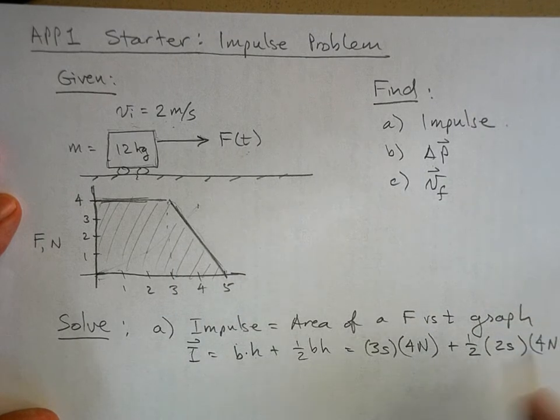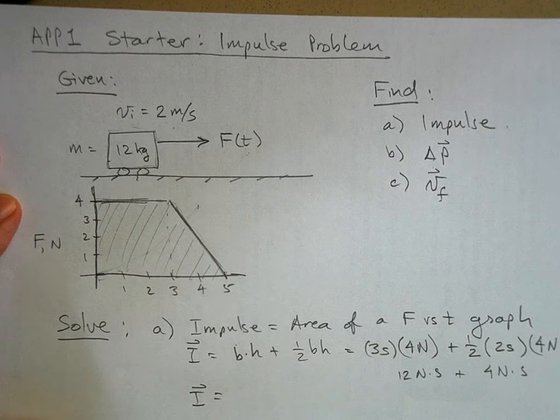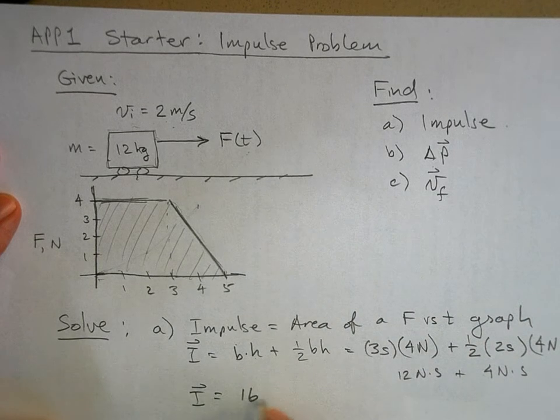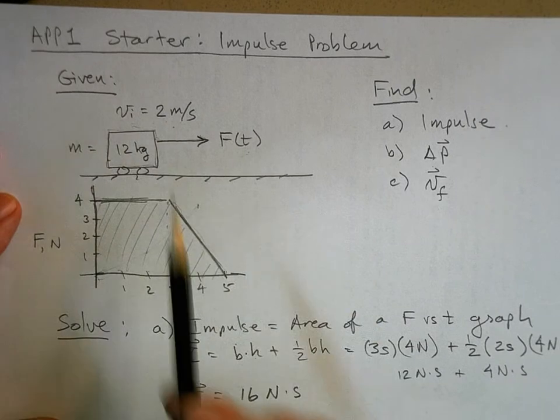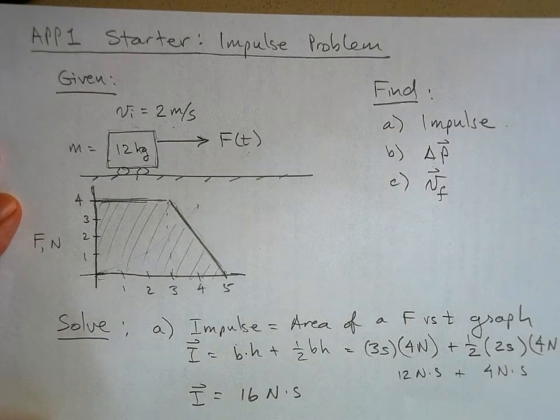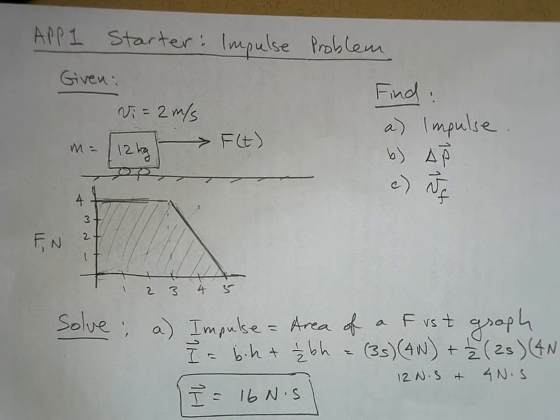Okay, so we get 12 Newton seconds plus 4 Newton seconds, for a total of 16. So the impulse is equal to 16 Newton seconds to the right, and the force is to the right, so we'll say that's to the right. So that's the impulse. Make sense to everybody?